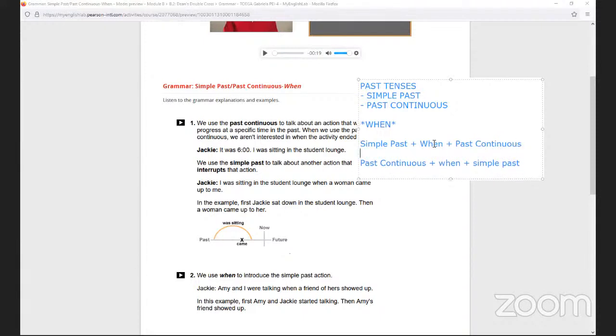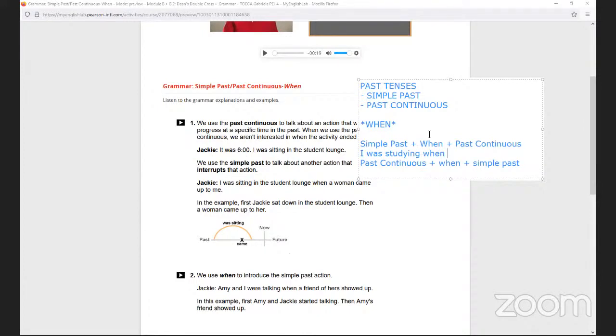But when I'm gonna use these two sentences in only one sentence, I will use this when I am, for example, telling about an action that started in the past, of course, but some action is in continuous or in progressive, okay? For example, I can say, I was studying. This is my progressive.